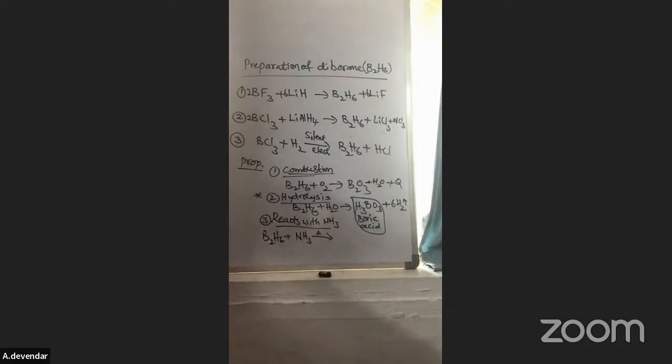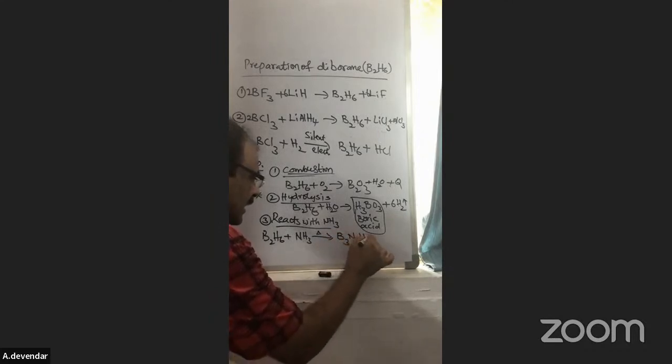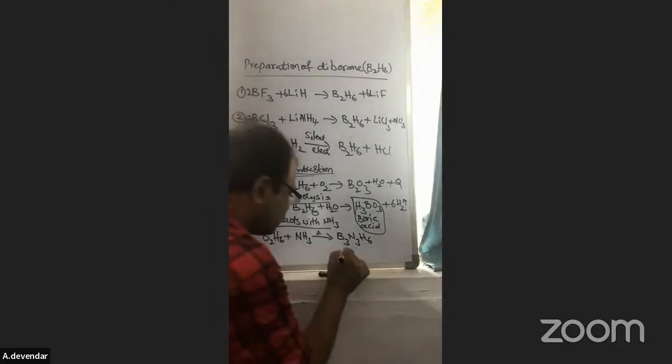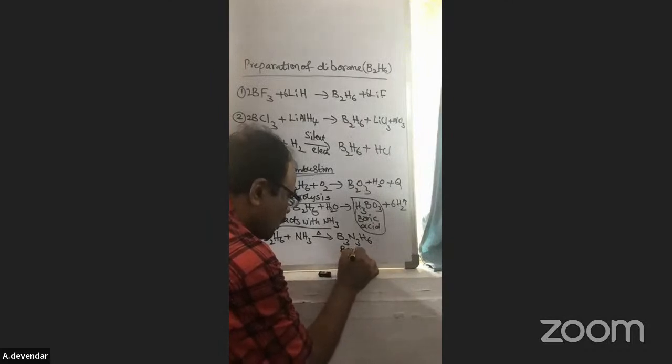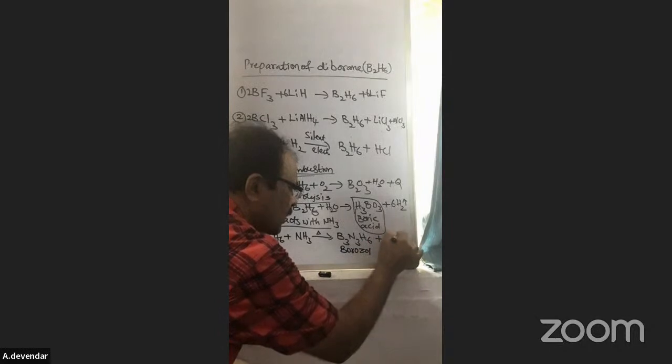How does the reaction occur? Diborane, B2H6, is reacted with ammonia at low temperature, and you get B3N3H6. What is that? Already yesterday I told that B3N3H6 is called borazole, and a hydrogen molecule is eliminated.